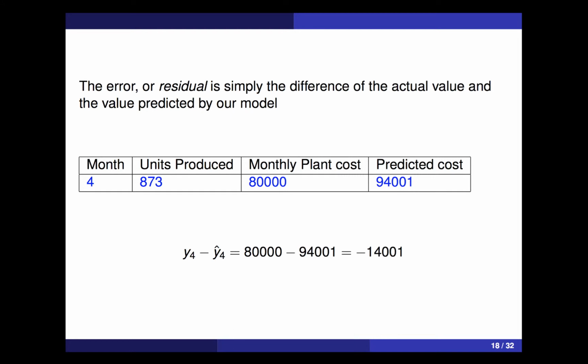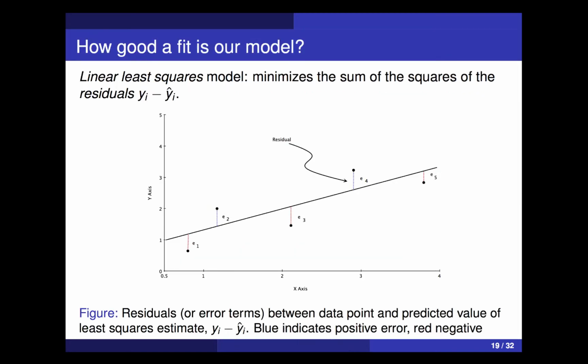The error, or the residual, is simply the difference between the actual value and the predicted value. So here we see Y4 minus Y4 hat is minus 1401. To get an idea of how good the fit is, what we want to do is look at all of these residuals, which are the difference between the actual value and the predicted value, and then we want to sum the squares.